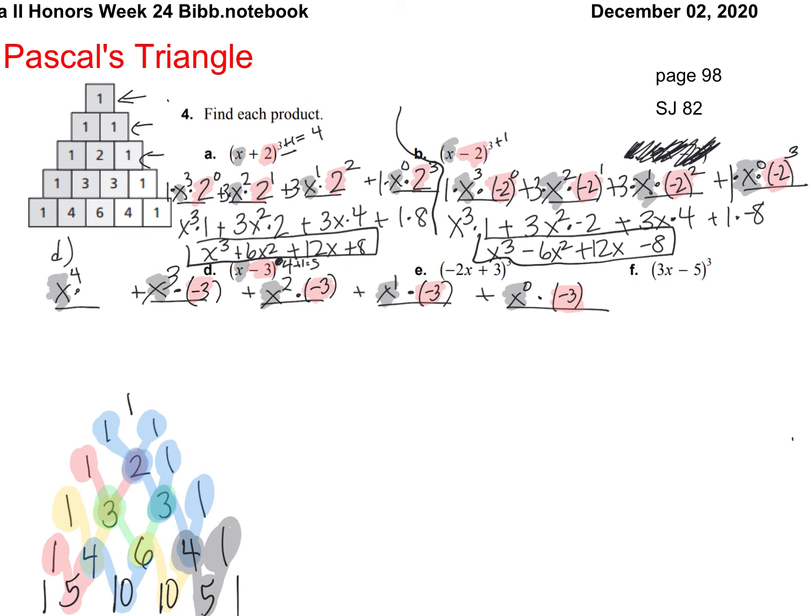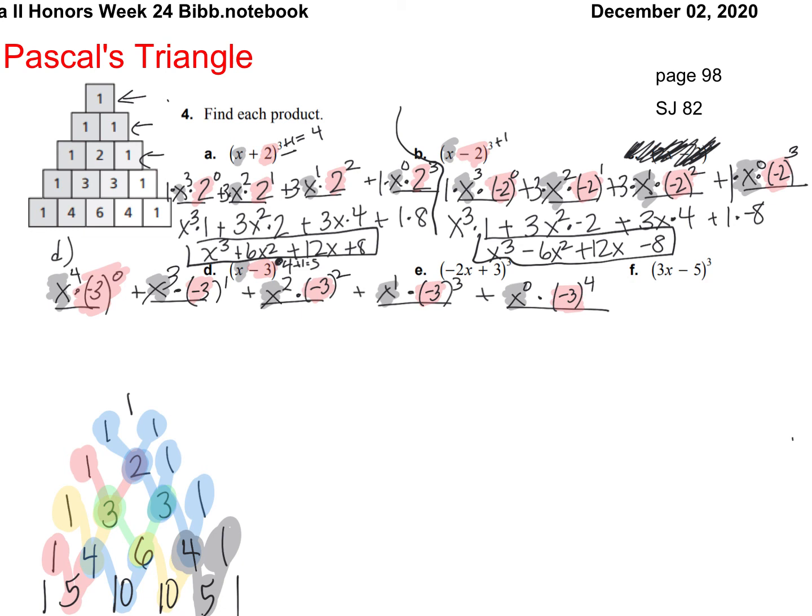Then I'm going to start on the far right and have 4, 3, 2, 1, and 0. And I couldn't see this one, that's why it's not there. Negative 3 to the 0 power. And now I'm going to insert the correct row of Pascal's triangle.